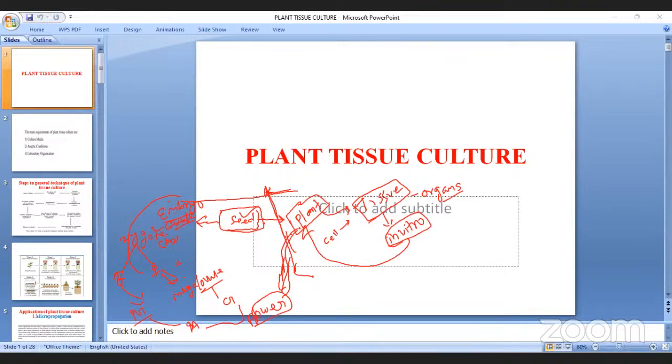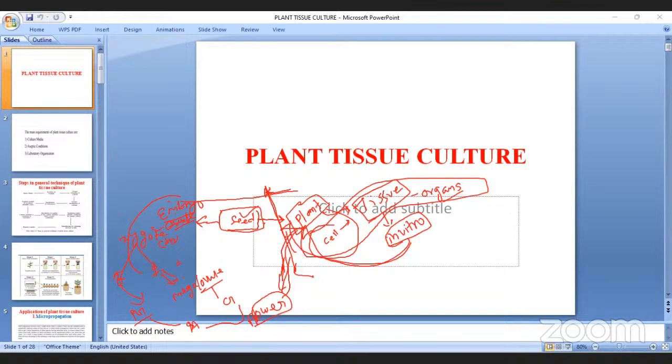The plant requires proper soil, moisture and minerals, and we have to provide them in the in vitro process. The explant, what we separate from the plant to grow as a plant, might be a cell, tissue or organ, and in the laboratory it can develop into new individual plants.